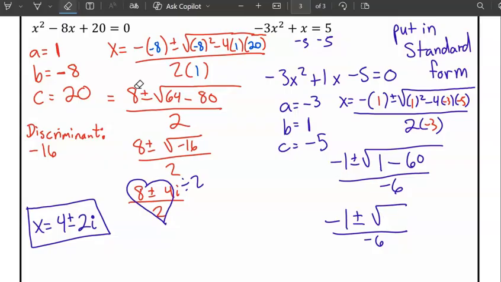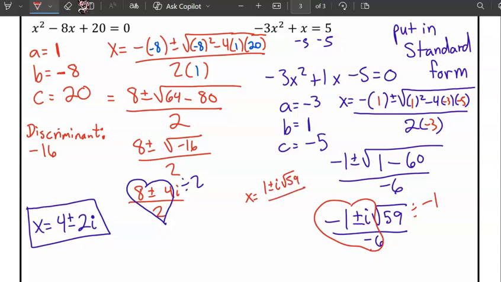We could change that to an i square root of 59. Let's divide each of these numbers by negative 1. X equals 1 plus or minus i square root 59 all over 6.